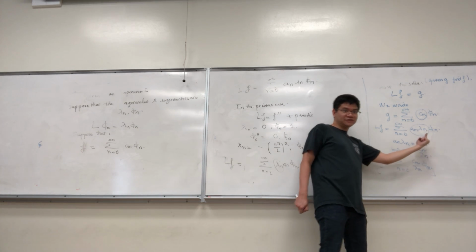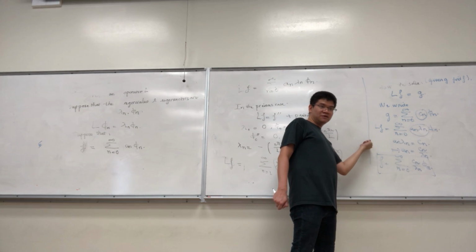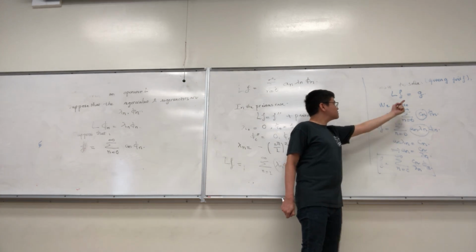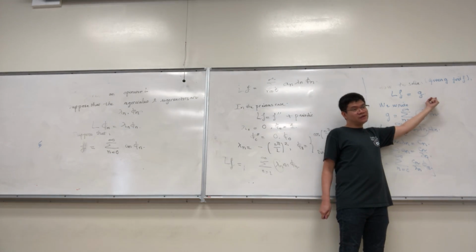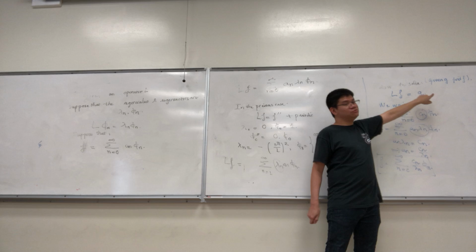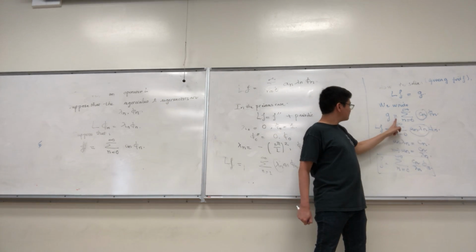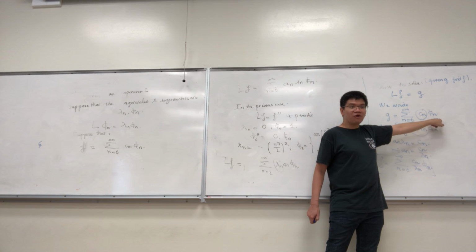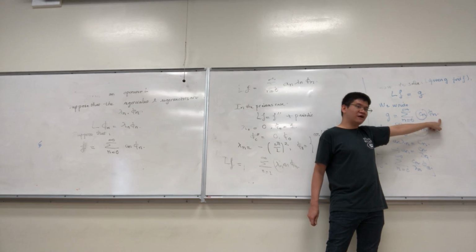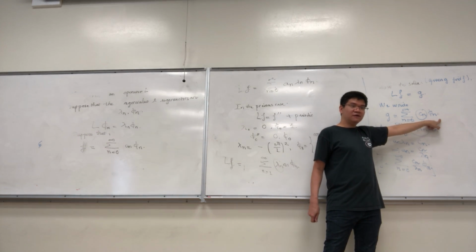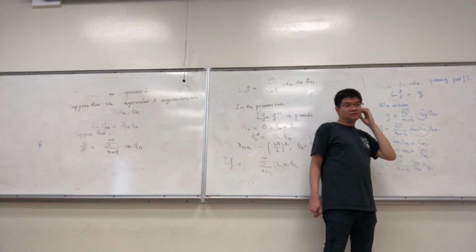So this is what happened to the L. Okay. Now, suppose that I give you a function g, and I say that L of f is equal to g. What should you do? You're gonna write g in terms of all of those eigenvalues and eigenfunctions. All right? And then you identify the coefficient.